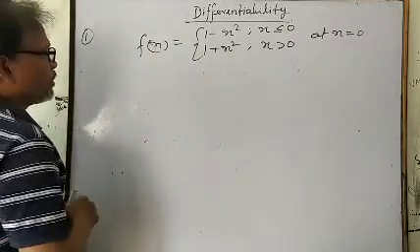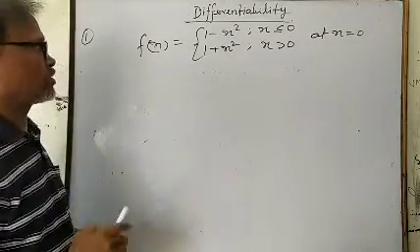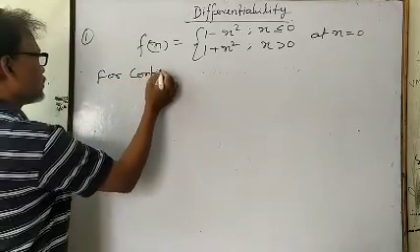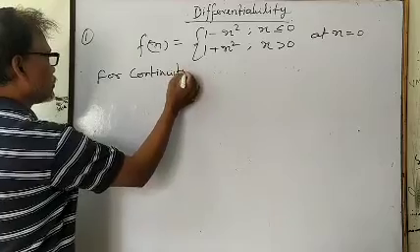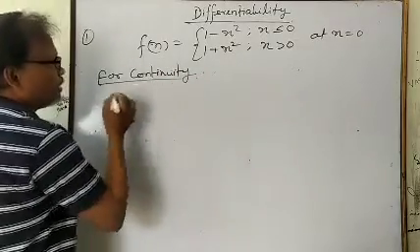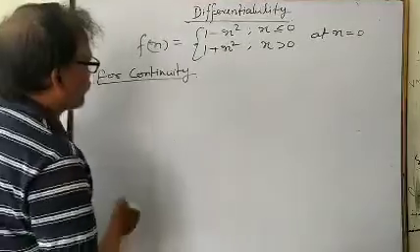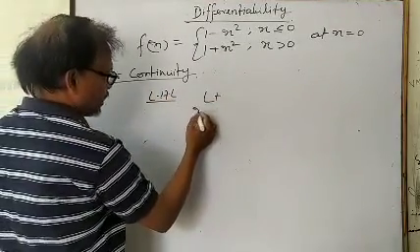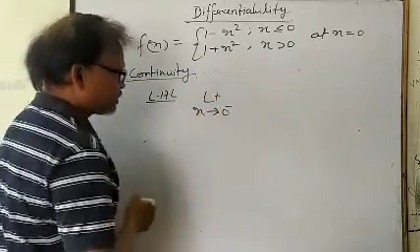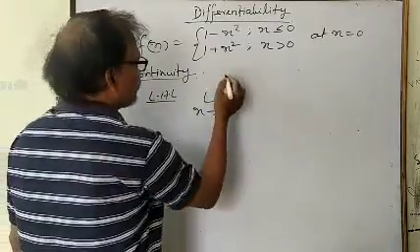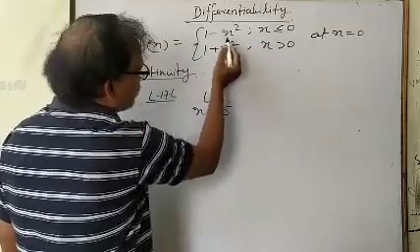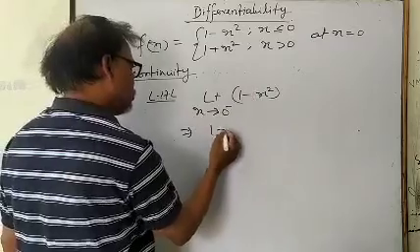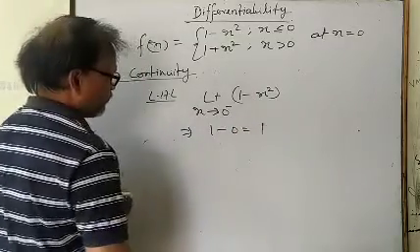First of all, you will show it is a continuous function. For continuity, you find the left hand limit and right hand limit. Limit x tending to 0 minus, the left hand limit. f(x) for x less than 0 means you take 1 minus x square and put x is equal to 0, so 1 minus 0, that is 1.